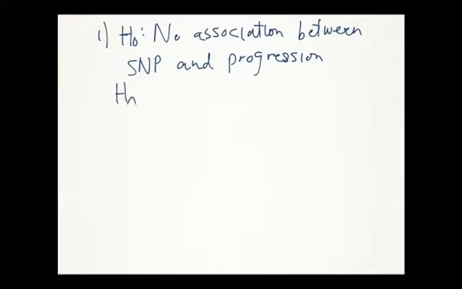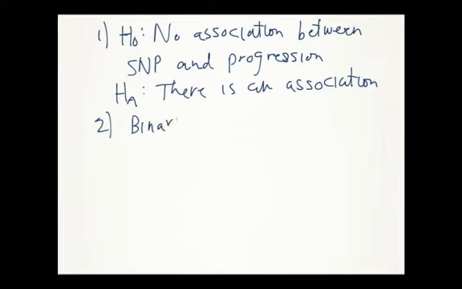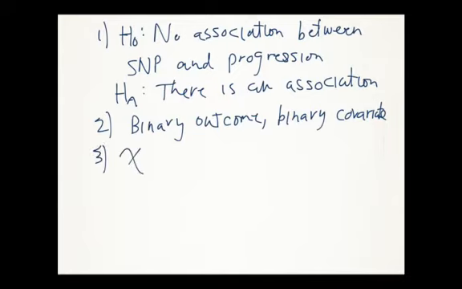And then obviously the alternative, I won't write it out, is there is an association. Okay? Then in step 2, we want to talk about the type of data that we have. So here we have a binary outcome, which is did you progress or not, and a binary covariate, which is do you have the SNP or not. Okay? So the type of analysis we're going to do is a chi-square test.